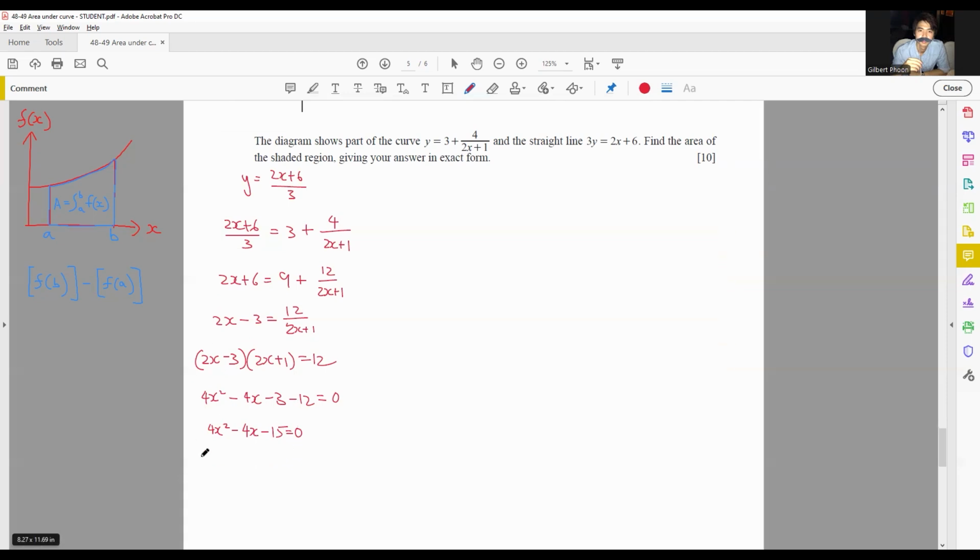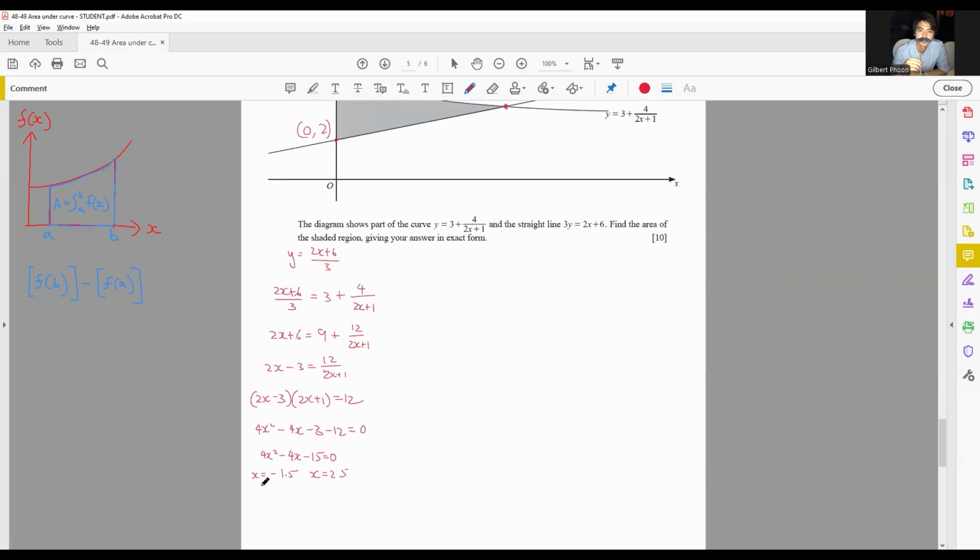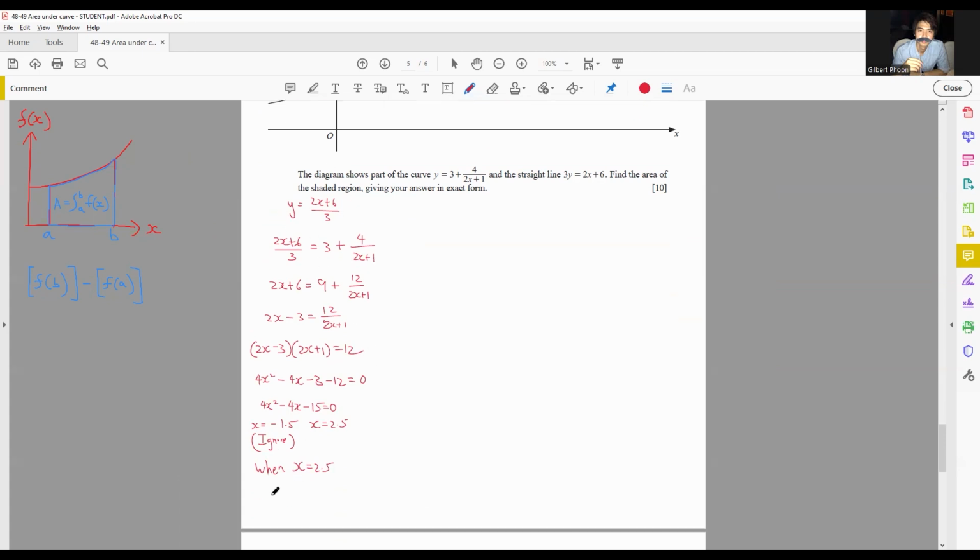Typing this into your calculator, you would have once again gotten x equals -1.5 and x equals 2.5, of which, obviously, again, we're going to ignore the -1.5 part. Then when x equals 2.5, substitute it back into your y equation here. y equals (2 times 2.5 + 6)/3, y equals 11/3.